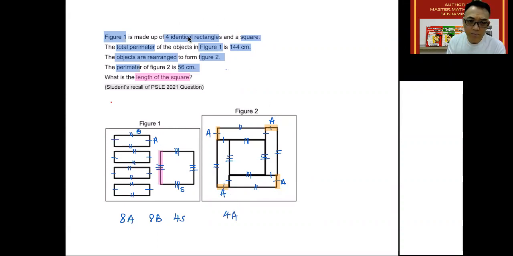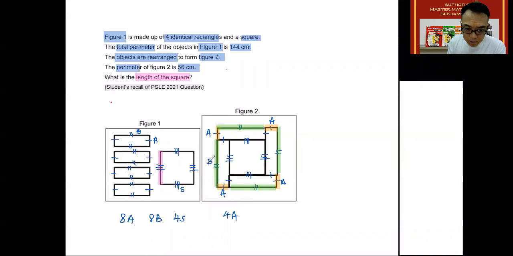And at the same time, I also have B, B, B, and B. And this makes the perimeter of the square, of the big square in figure 2. And I'm going to write this down.